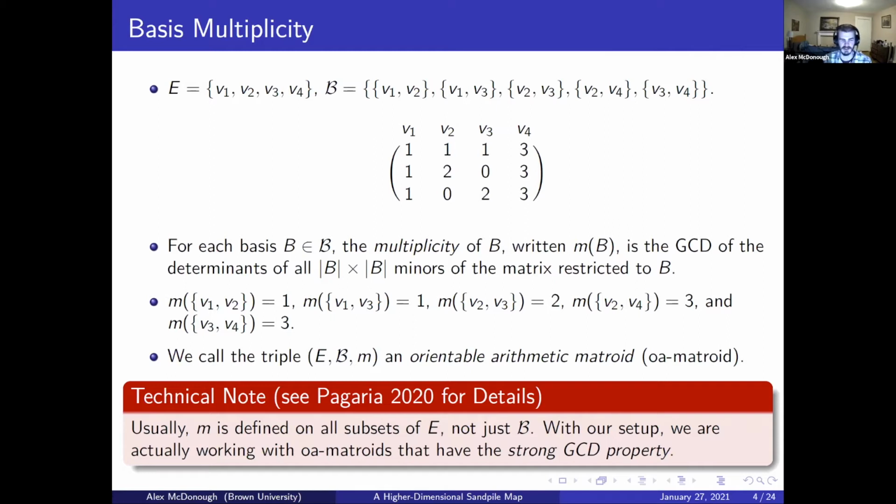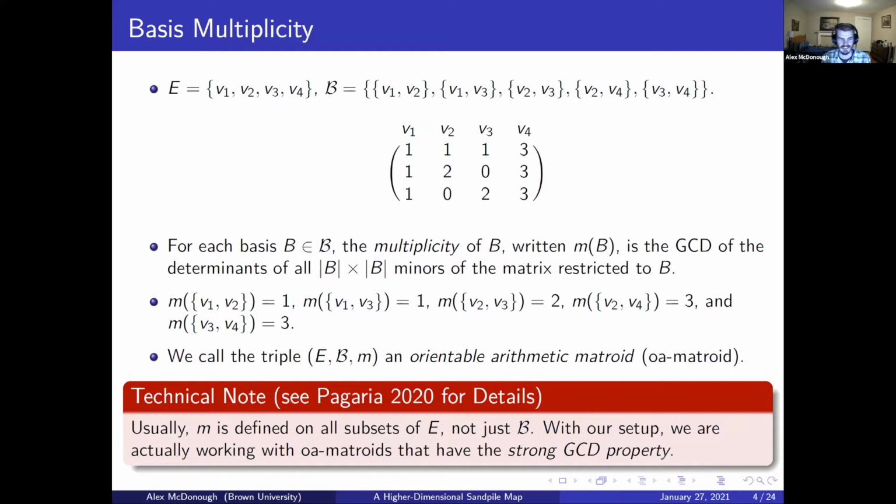So orientable is sort of equivalent to representable in this instance, but it ends up that Pagaria defines orientable arithmetic matroids in a more natural way by saying, oh, you have an orientable matroid, since oriented matroids are also a big thing people study, and an arithmetic matroid, and you have to have something that's both, and you also have to have the oriented part and the arithmetic part interact in a very particular way.